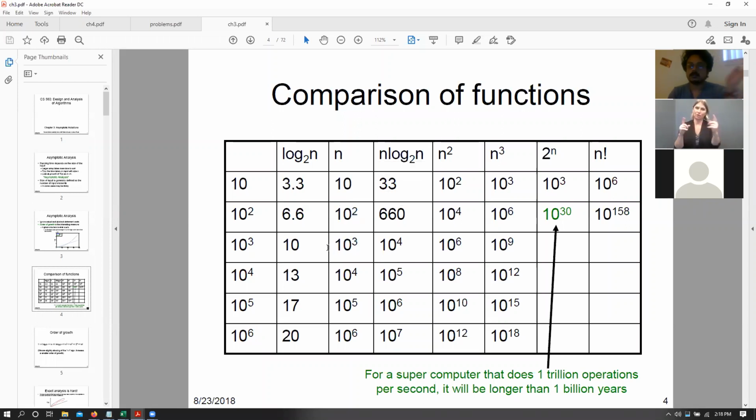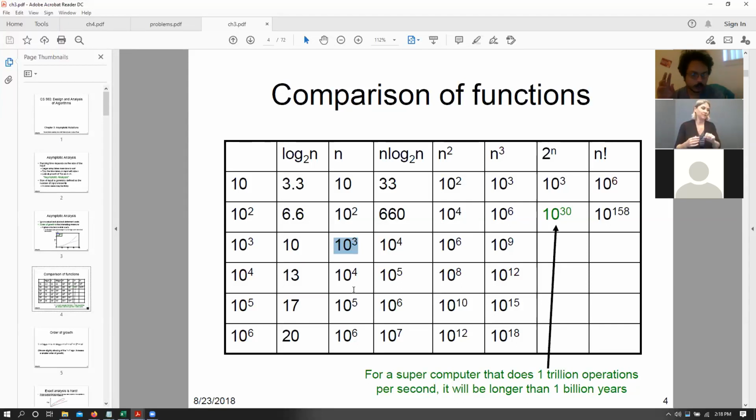If n is 1000, again, it is 1000 and so on. In general, a linear algorithm usually means that given an array of size n, I need to look at every possible element of that array at least once. So if my array has 1000 elements, I need to look at every element at least once.